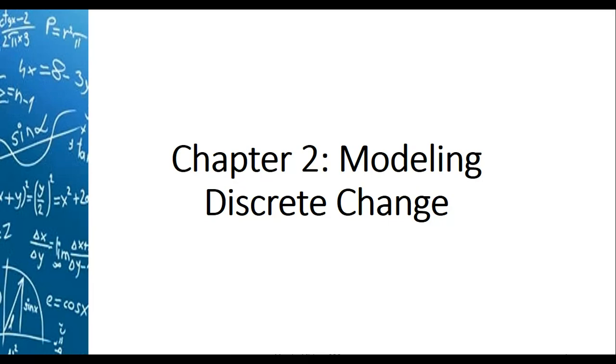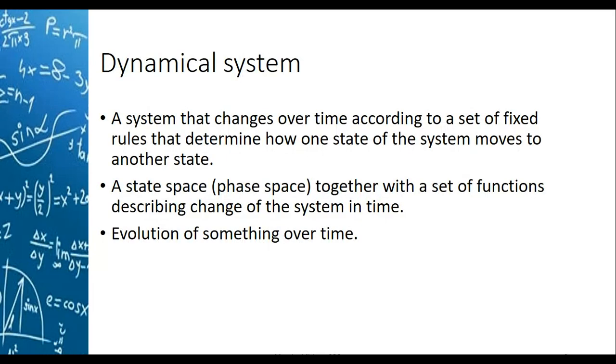Okay, first things first. Dynamic system. What is it? If you have a dynamic system, this system is focusing more on changes that you see in a situation, where you measure the change over time.